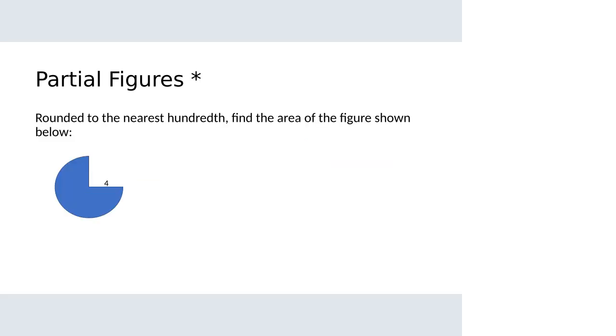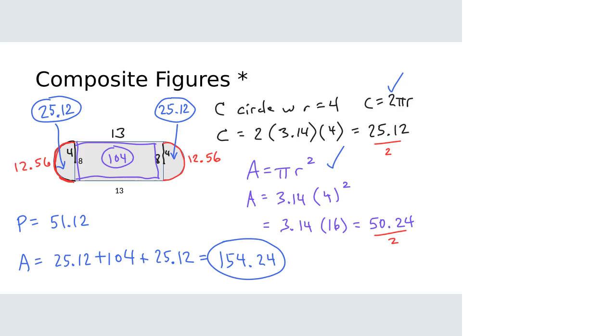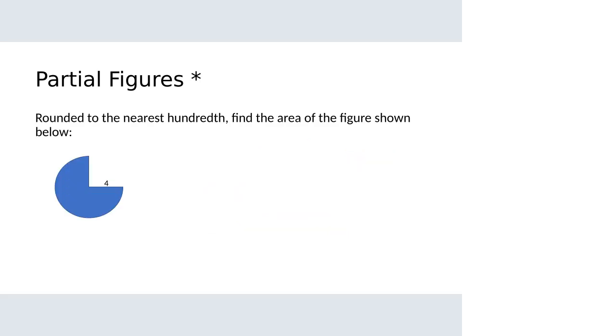And it's a partial figure, that Pac-Man shape right there. What I want you to do, keep in mind what we did when we were finding the area of these semicircles here. It was half of a circle. With that in mind, find the area of that Pac-Man shape shown in that figure. We can see it has a radius of 4, what's the area?